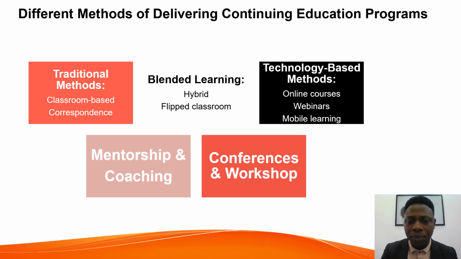Like you all know, the hybrid is the combination of the physical classroom and the online platform, whereby you are exposed to classroom-based learning activities for a particular week, and in the next class or session you are exposed to the online method, just like the way I do in this class. This is a practical example.